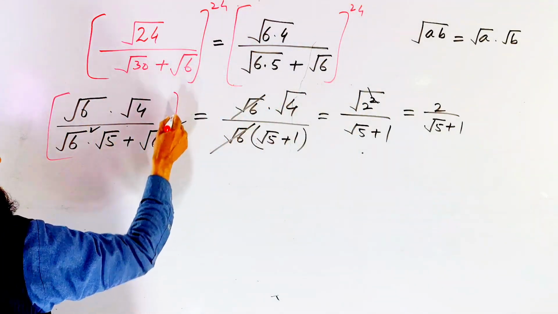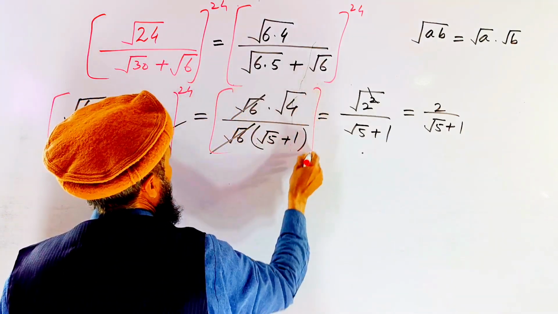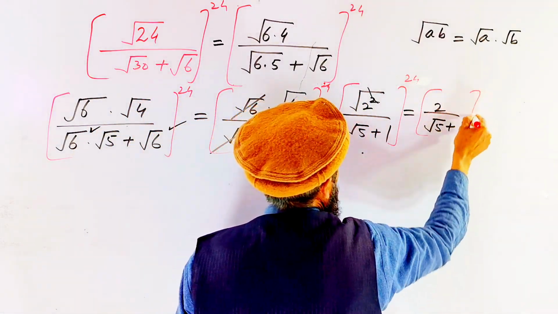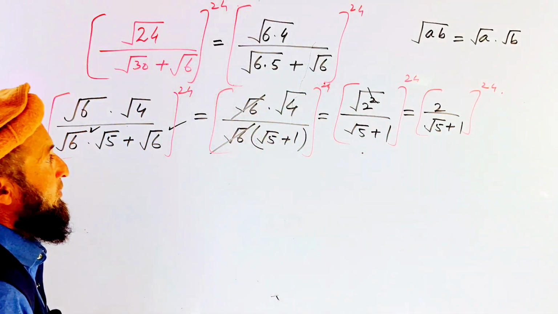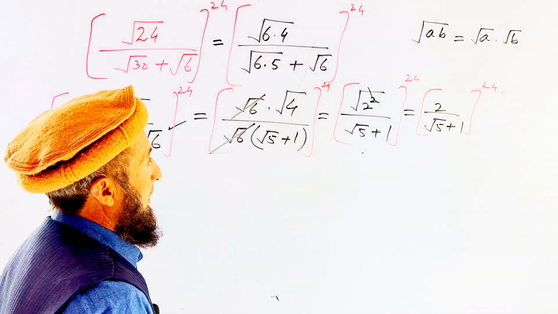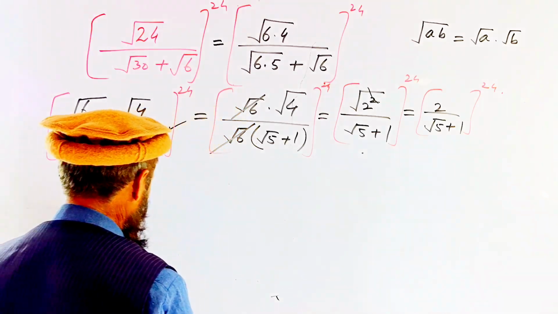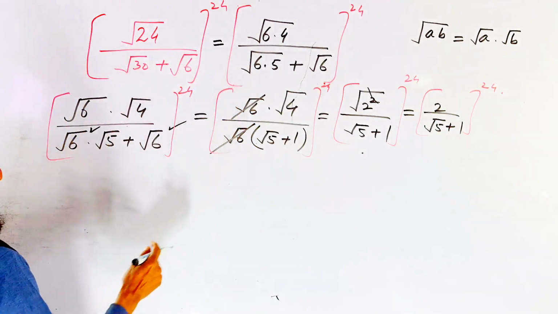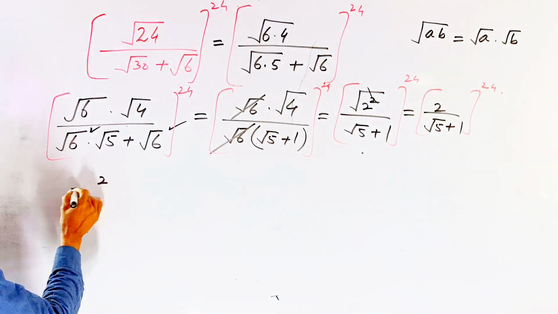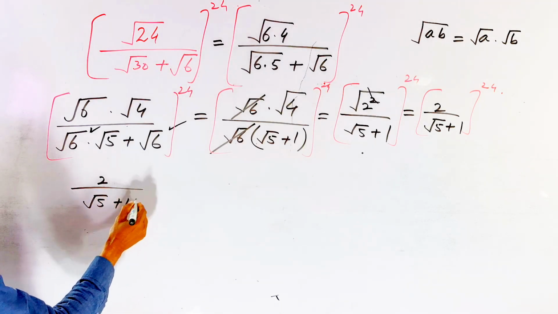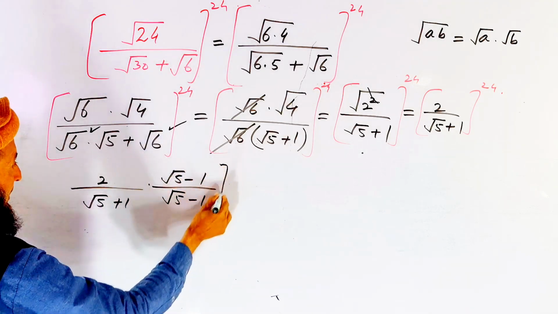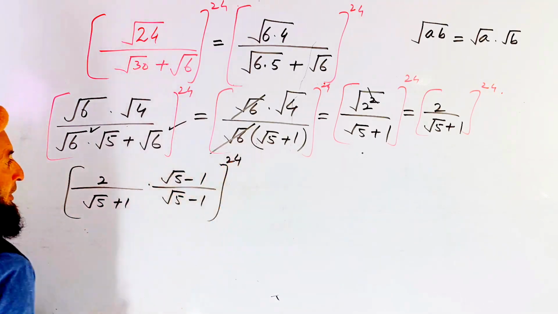Now we can simplify this result, which is 2 divided by (√5 plus 1). Because a radical symbol appears in the denominator of the fraction, we want to rationalize this term by multiplying and dividing by the conjugate of the denominator, and taking the exponent 24.